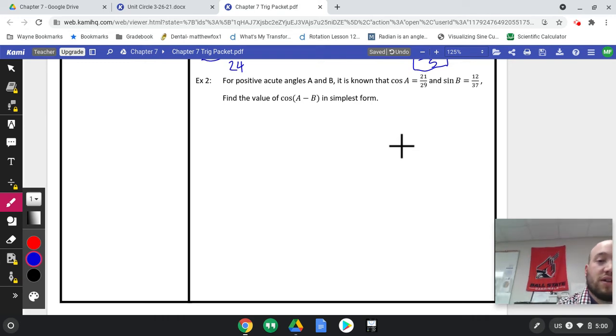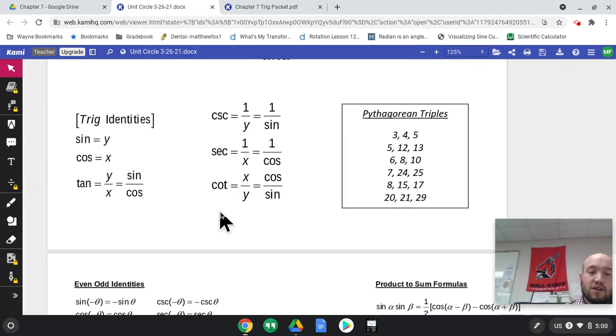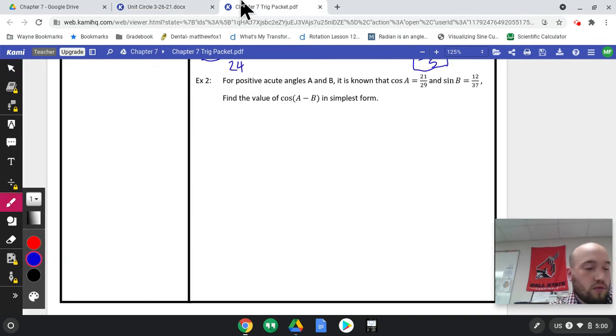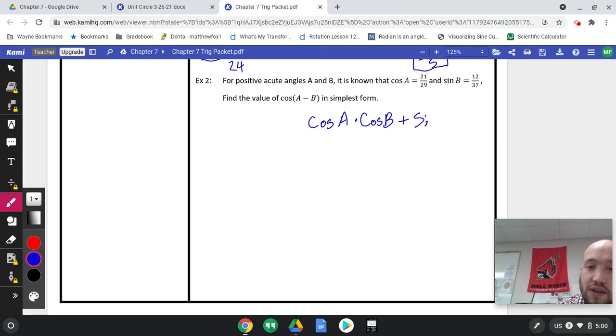So once again, on this next one, this time it's cosine of A minus B. So we look over here, scroll down, cosine of A minus B right here, and we'll need to copy that down. So we know we're going to try to find whatever the cosine of A is times the cosine of B plus whatever the sine of A is times the sine of B. Okay, now, as we said, we need those 4 things.